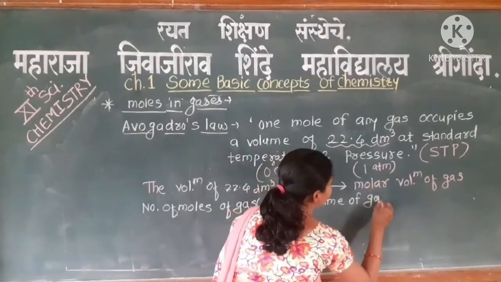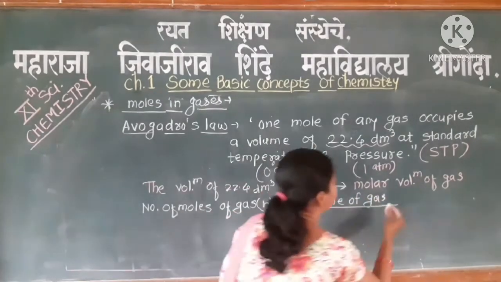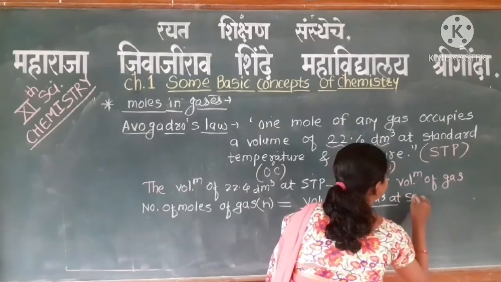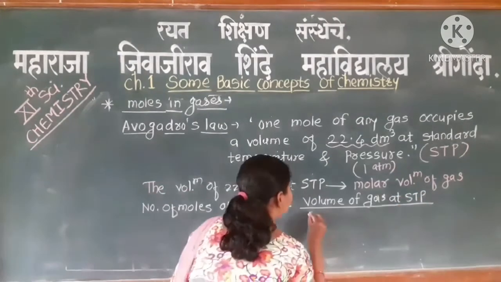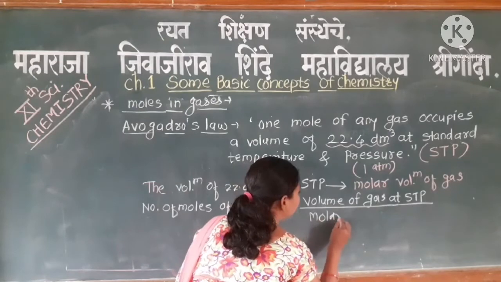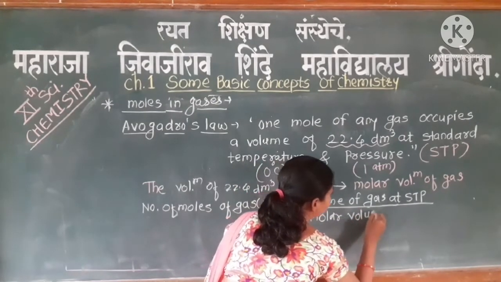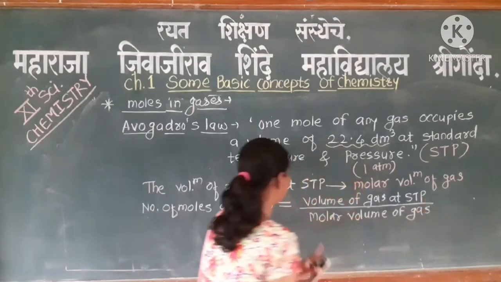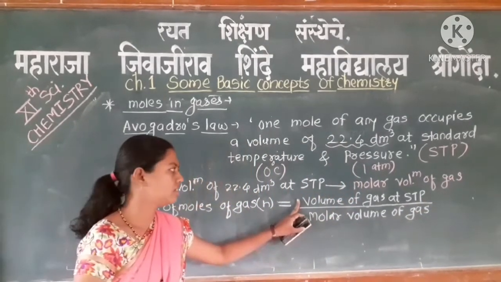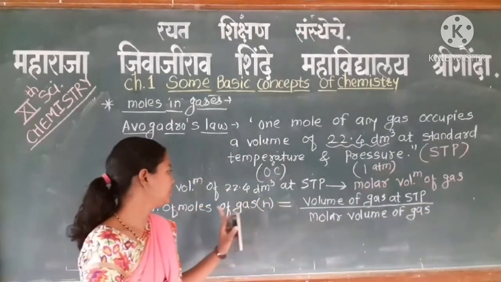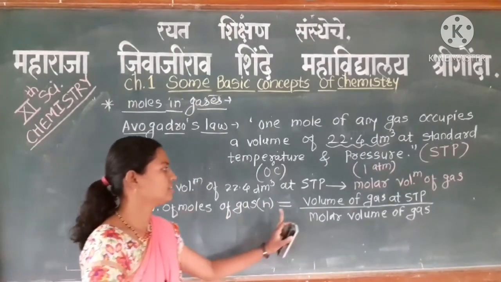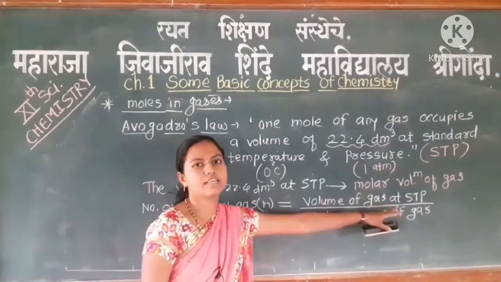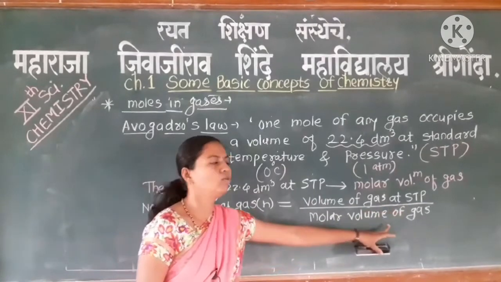The number of moles of gas, n, is equal to the volume of gas at STP upon the molar volume of gas.